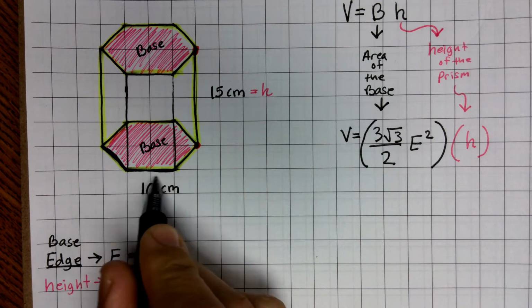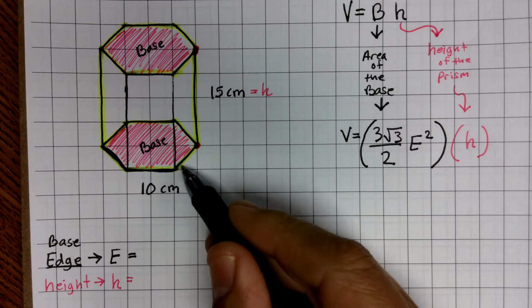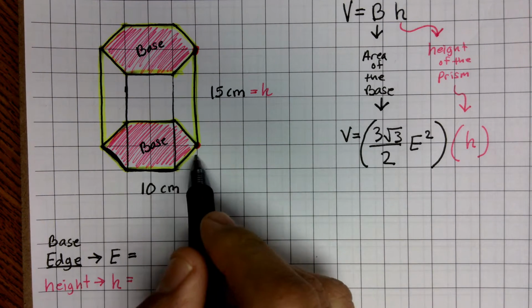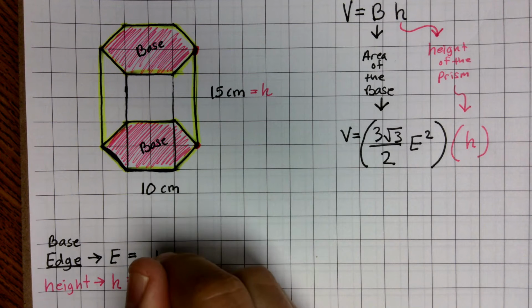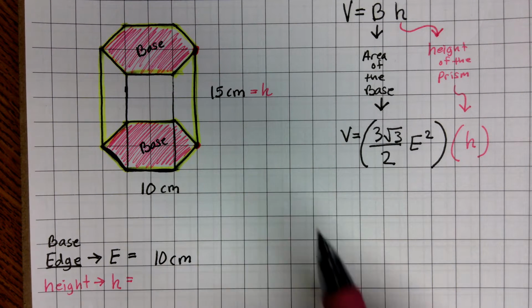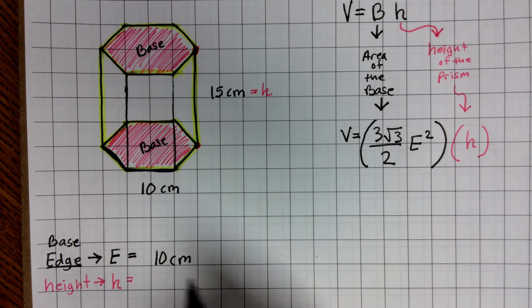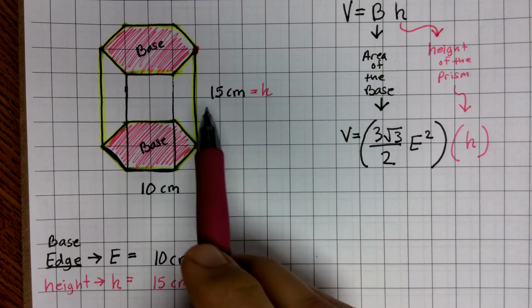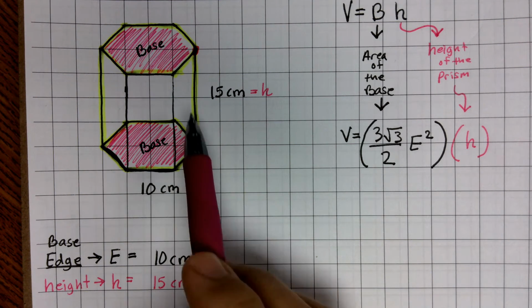In this case they have the 10 right below here, but the 10 could have been over here or over here, just one of these edges of the base. So I'm going to write right here that's going to be 10 centimeters. Our height, the distance between the two bases, is 15 centimeters, and that's where I'm getting these values for those two variables, E and H. We're just looking at E, the edge of the base, and H, the height of the prism.